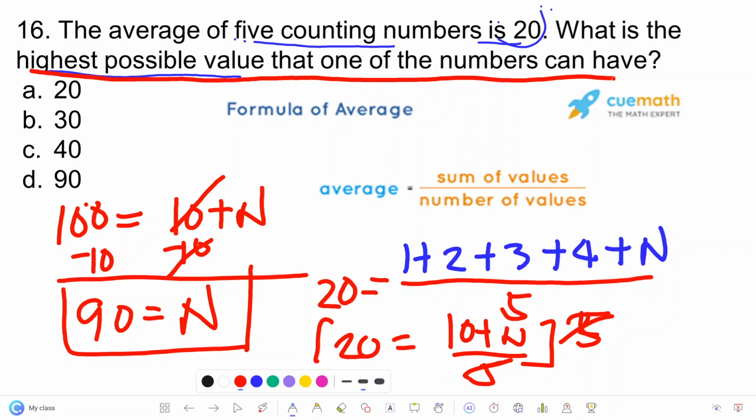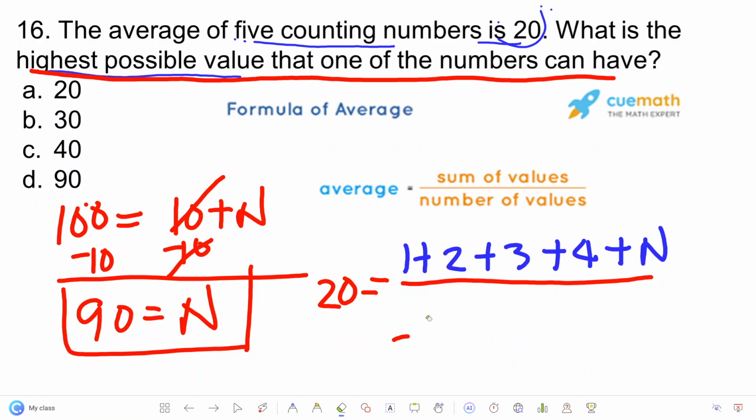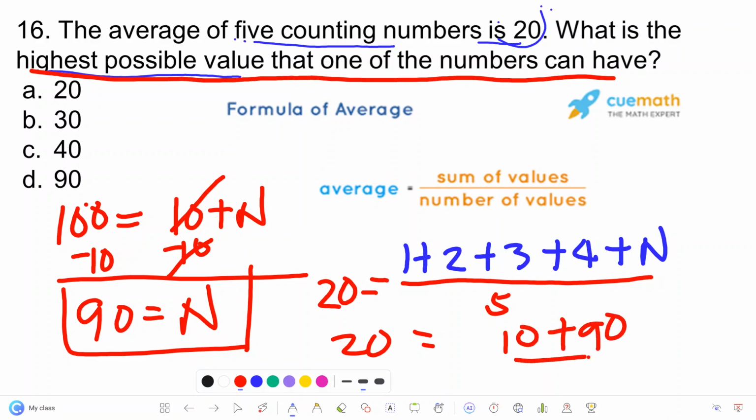So, kung hindi ka sigurado, you can check. You can check by using your first equation, ito yung nasa taas. And then, you substitute. So, 20 is equal to 10, 1 plus 2 plus 3 plus 4 is 10, plus 90 over 5.